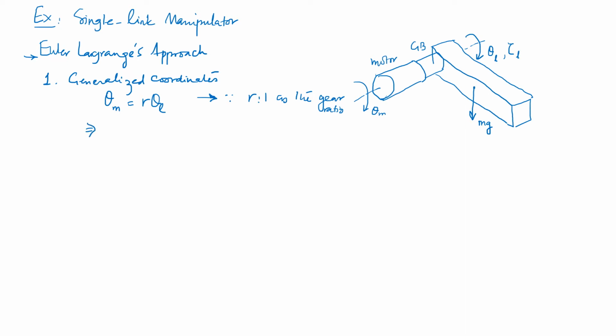Because we are interested in how the link moves, I'm going to choose the generalized coordinate to be theta L. Now this is the first step. Let's move on to the second step, which is to find out the kinetic energy.